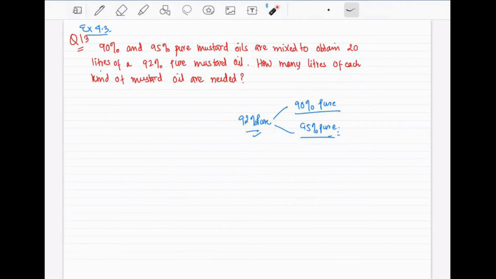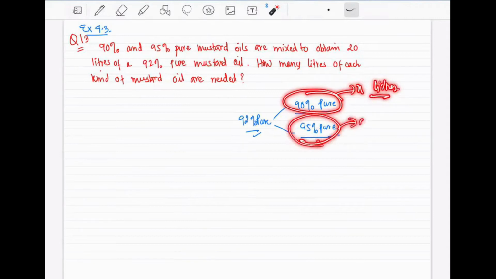Once you know the gist of the question, let's come to identifying the unknowns. The unknown is the quantity of this and this: how much quantity of each we have taken in order to obtain the 20 liters. Let's say I take x liters of the 90% pure, and y liters of the 95% pure. So we have identified the unknowns as x and y.